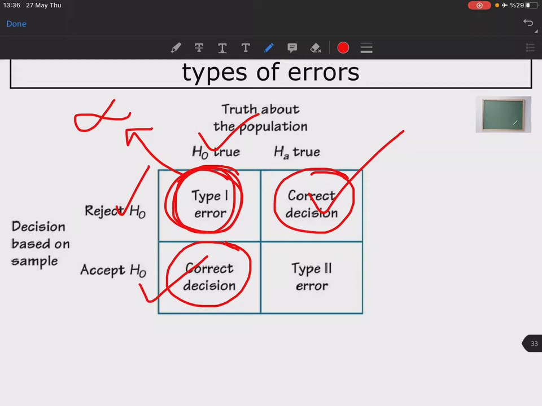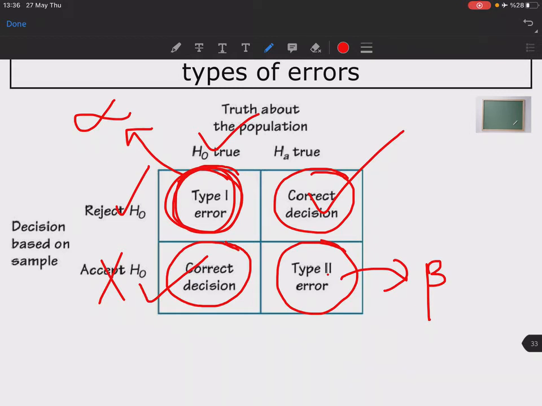Suppose that H0 should have been rejected because your alternative hypothesis is true. In fact, it is the truth about the population, but you unfortunately accept H0. This makes another type of error, which is called the type 2 error, and it is usually denoted with beta.